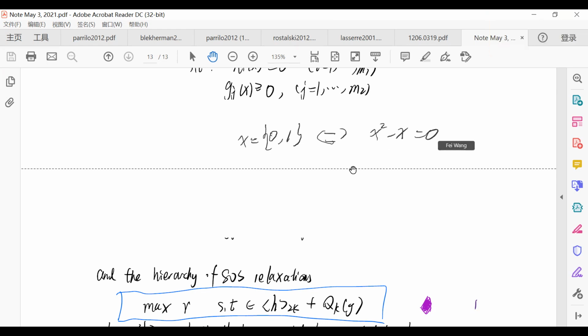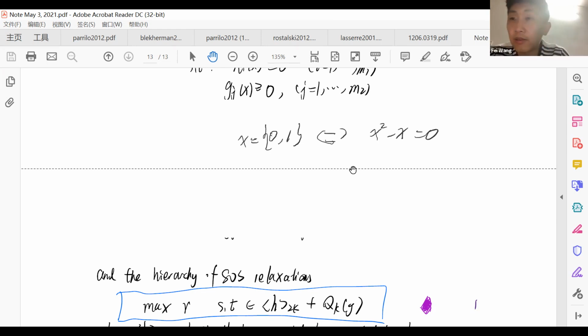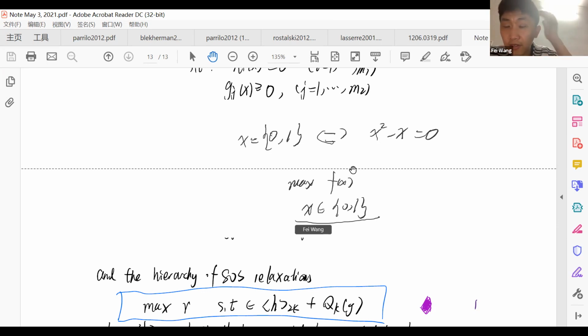Suppose I maximize some f(x) such that x is 0 or 1. Then I replace this by polynomials and use the sum of squares hierarchy. There is actually a degree bound for that.